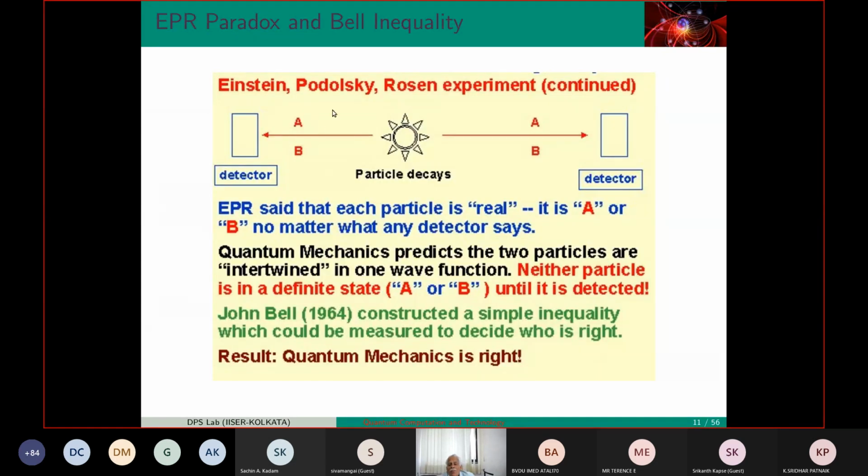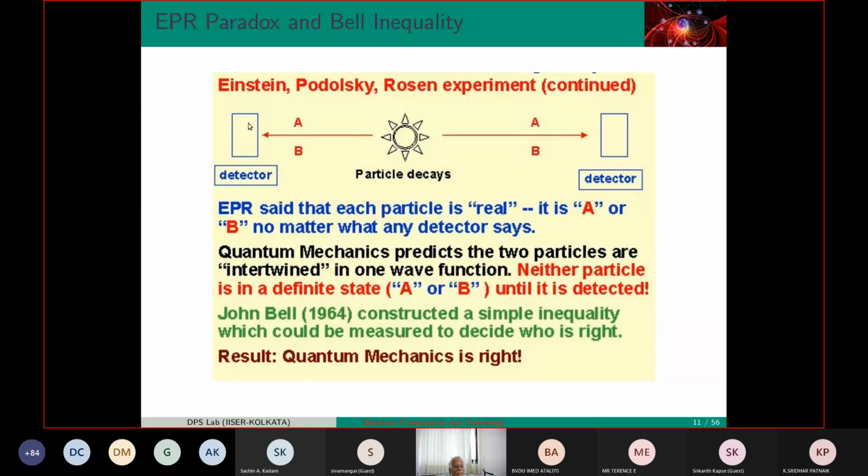Very good. So this is the paradox which I have been referring to. The EPR paradox came in, I think, 1936 or 37. What was Einstein bothered about? Einstein was bothered about this fact that if you measure something here, for example, they use the names Alice and Bob.